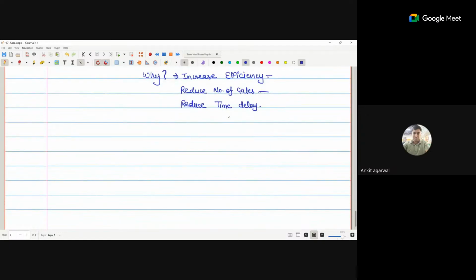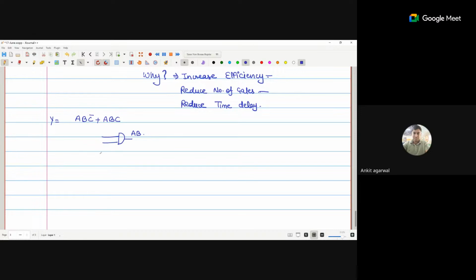For example, we have A B C bar plus A B C. If you implement this with two-input gates, first we take AB, the AND of these two.